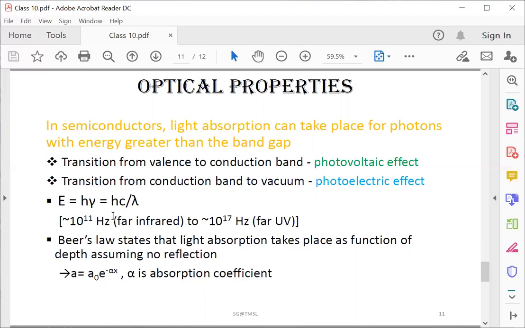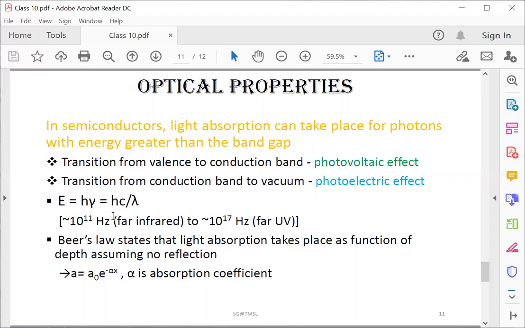There is no transition. But if h nu is greater than the band gap energy, there will be a transition. Some carriers will jump from the valence band to the conduction band, and some may go from the conduction band to the vacuum level. If the carriers move, you will get some current, known as the photocurrent.